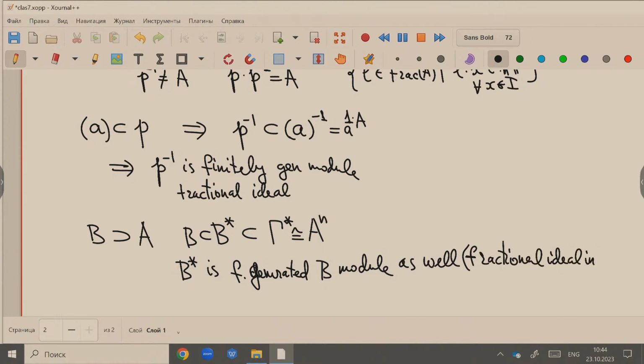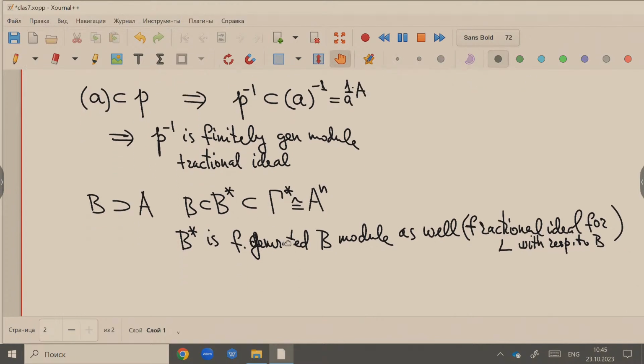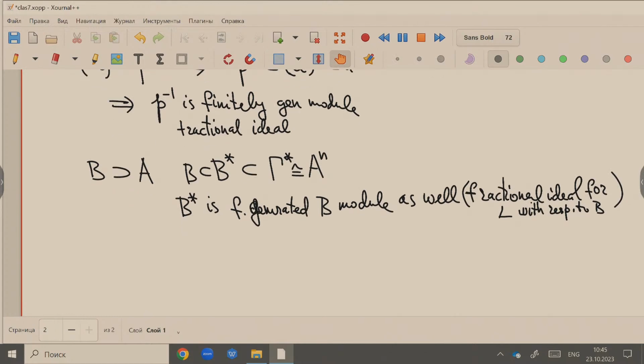In B, for B, yeah. I mean, we always consider fractional ideals with respect to the base ring. Yeah, so for L with respect to B. And then you can formally apply the operation B inverse.